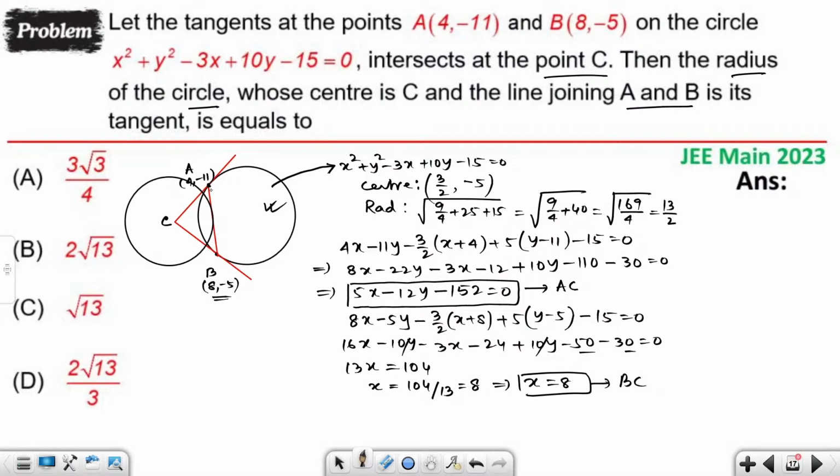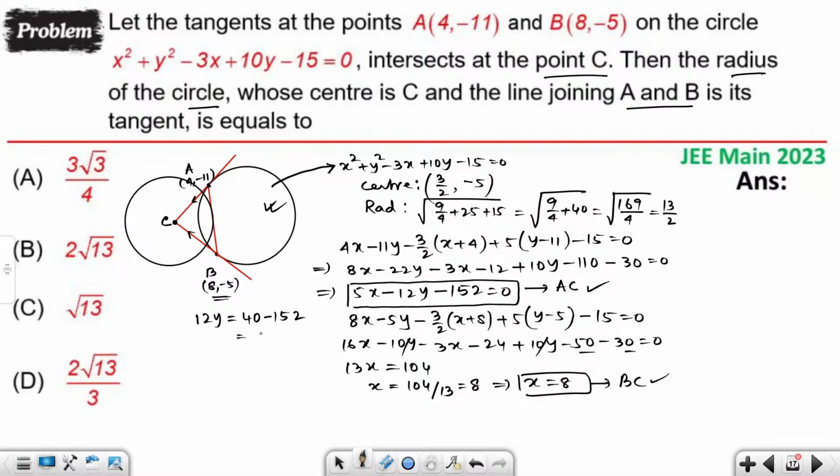Okay, so now you got the equation of AC, and now I got the equation of BC. Now if I solve this equation and this equation, we are going to get the center of the new circle or the formed circle, whose center is at C. So what will be the values of x and y or the coordinate of C? Let me solve these two equations. If I put x equals 8 over here, we are getting 12y equals 40 minus 152.